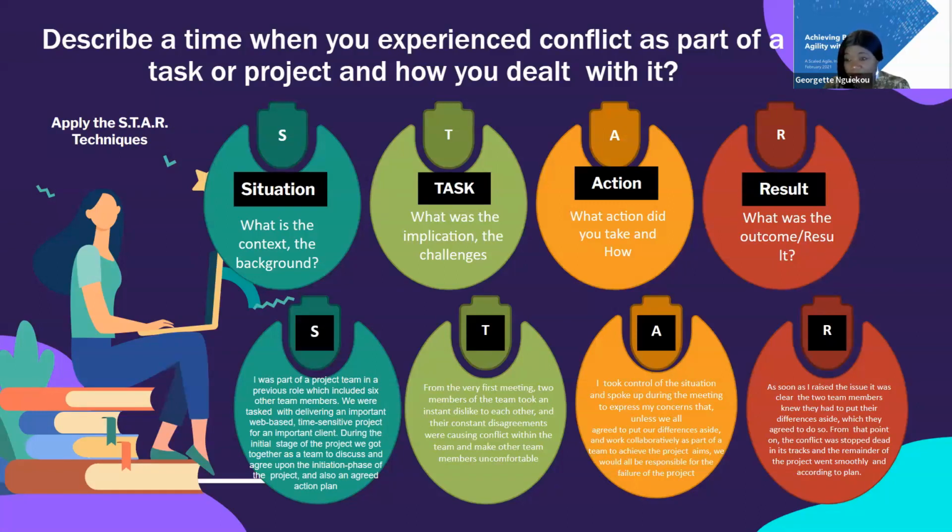But the problem is the scope of that project kept changing. After the first PI, the scope changed. So that means the commitment that the developers made for a specific PI objective changed along the way because of the request from the client.